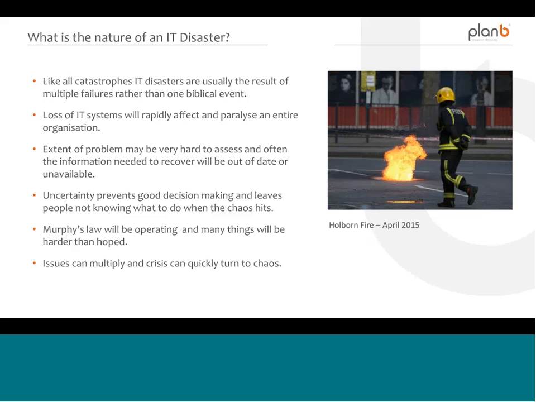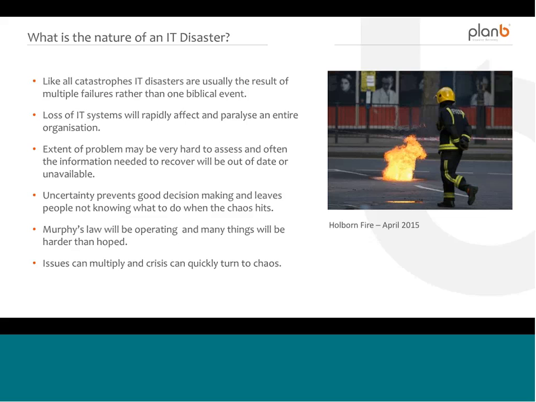When you do lose systems, the extent of the problem may be very hard to assess, and the information that you need to sort the situation out is almost always out of date, or even on the systems that you've lost. So that produces massive uncertainty, and that uncertainty and lack of clarity about what to do or how to do it means that good decision making is very difficult, and it leaves people not knowing what to do, and obviously that leads on to chaos.